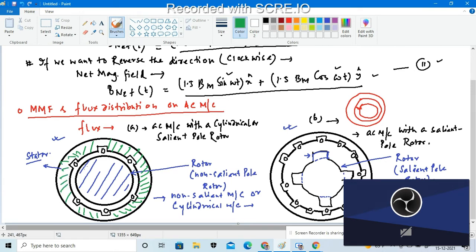Between this stator and the rotor we have an air gap. So the reluctance of the air gap between the stator and the rotor is what we consider, and this particular segment is the air gap portion.